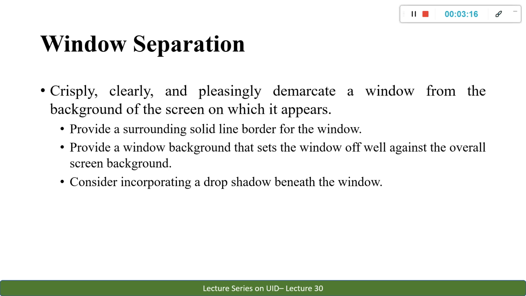That is what is most important. So you should have clear and pleasing demarcation of a window from the background of the screen. For that, you provide a surrounding solid line border for the window.